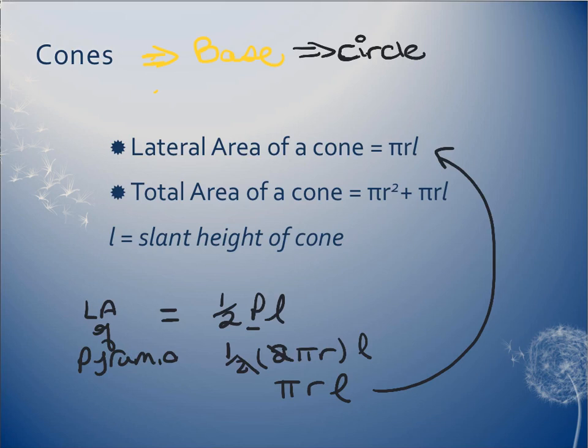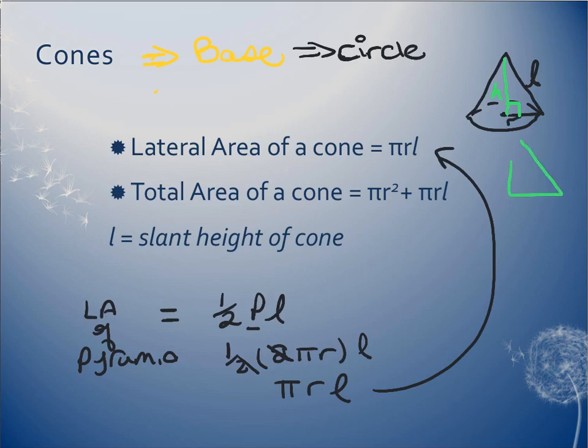Remember, your cone looks like this. You'll have a radius, and you're going to have a slant height. Now, you may also be given the actual height of the cone, and if that happens, what we have forming here is a right triangle.